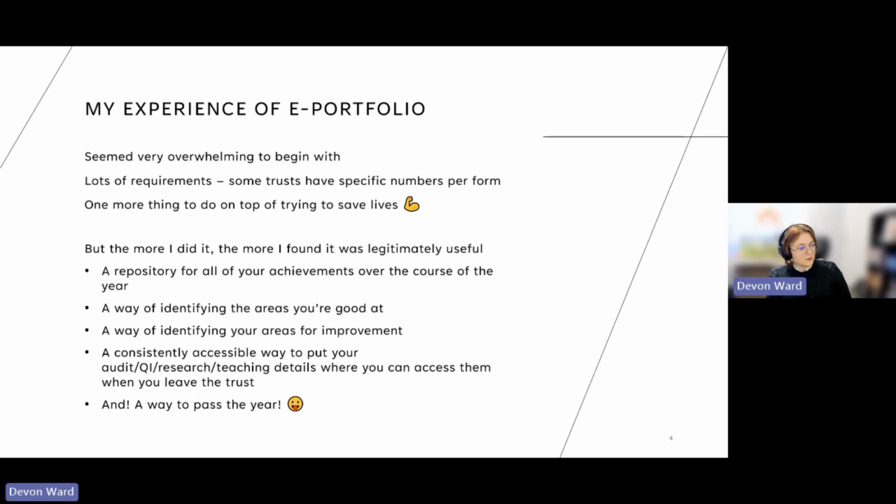My best example of this is that on an on-call shift, I came across a patient with an exacerbation of bronchiectasis, and I had just completed a respiratory job, and I thought, aha, I know how to manage this. And I did all the acute management of the patient, and then I spoke to the medical registrar just to let them know that this was an unwell patient that I'd been managing. And I got some really useful feedback.